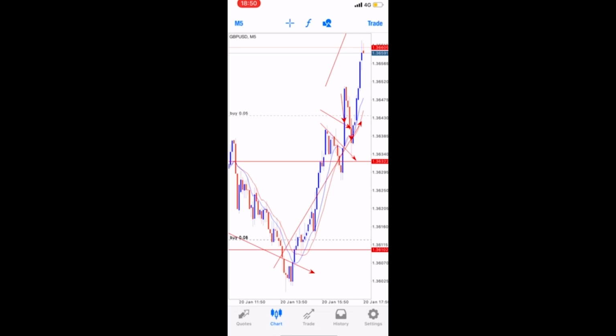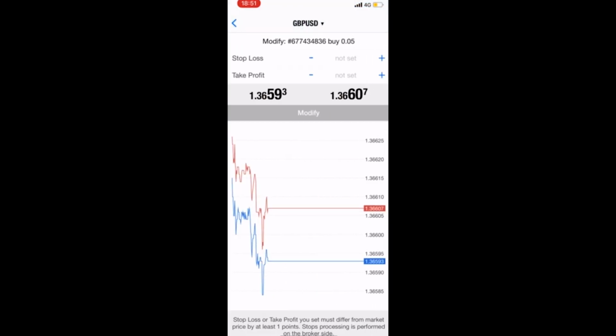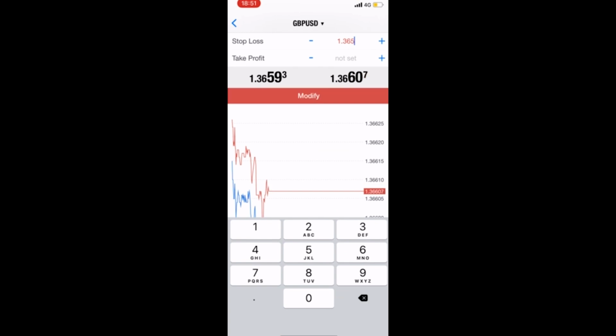So I'm now going to place a stop loss to lock in a few profits, because this means a lot. I'm going to place my stop loss around this level here. So it's 62.78. So I'm going to place 62.78.